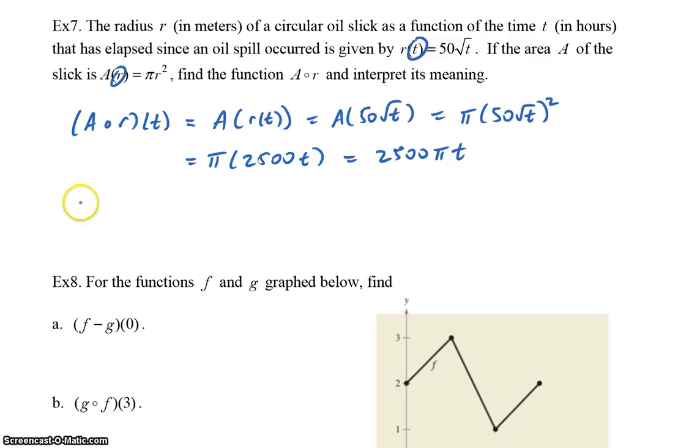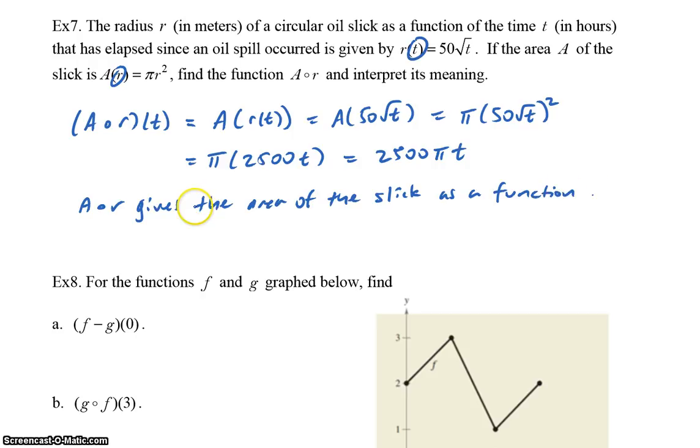So A composed with r gives the area of the slick as a function of time.